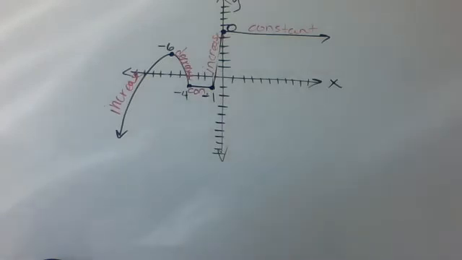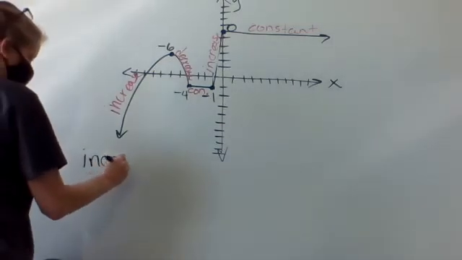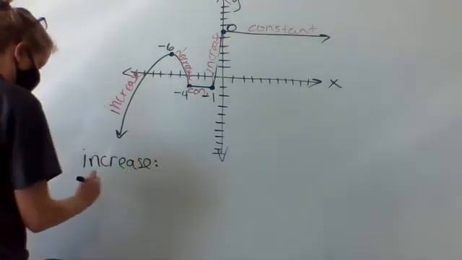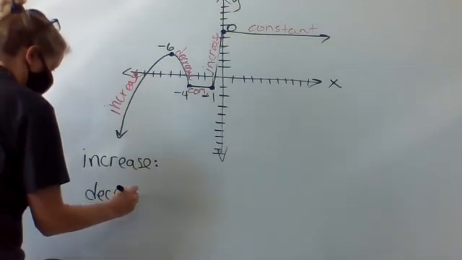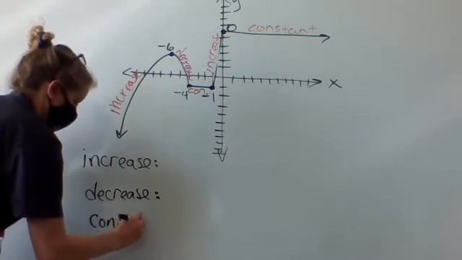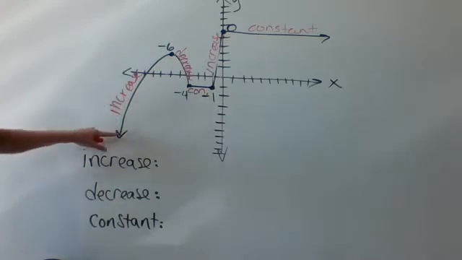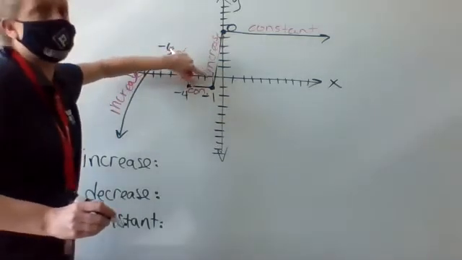Let's see, what order? Increase, decrease, constant. So the increasing, I'm going to have two of them, right? Here's an increase, and then here's another increase.